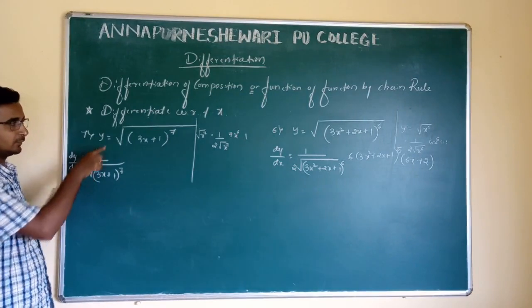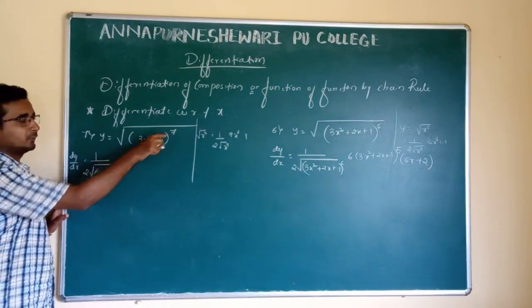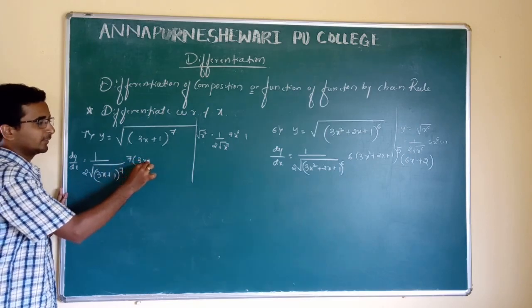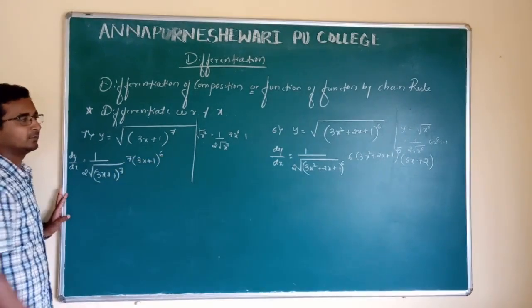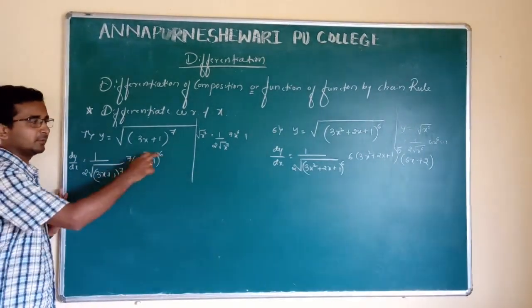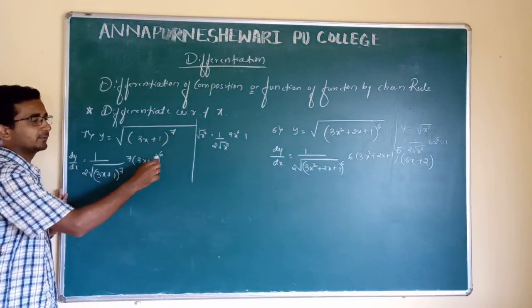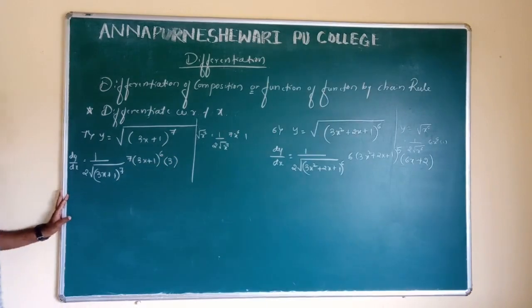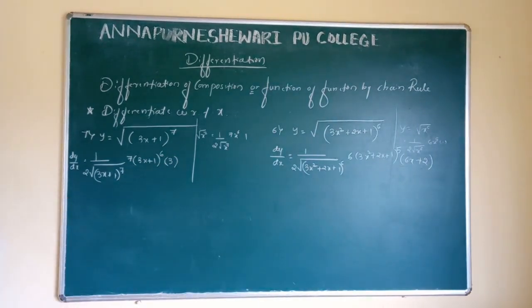Then 3x plus 1 whole raised to 7 gives 7 times 3x plus 1 whole raised to 6. Then the differentiation of 3x plus 1 is 3, since 3x gives 3 and 1 differentiation is 0. So this is how we do the differentiation by using the chain rule. Okay?